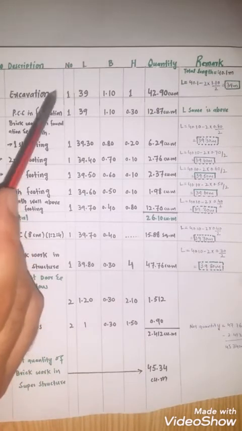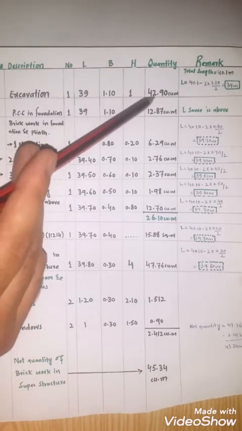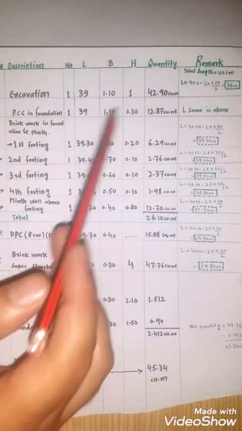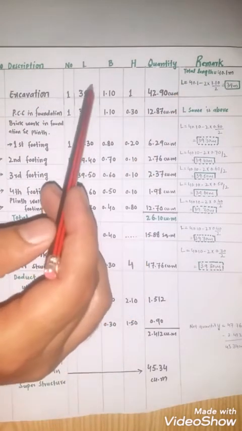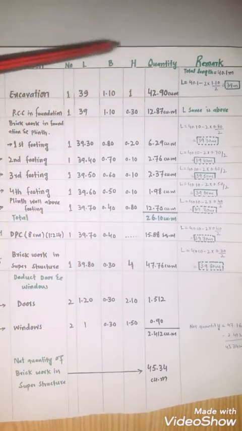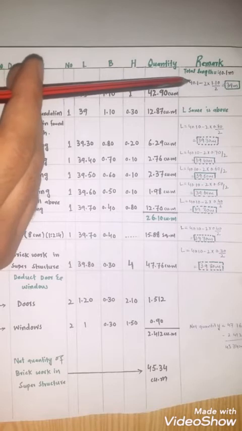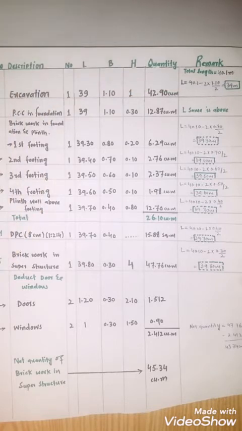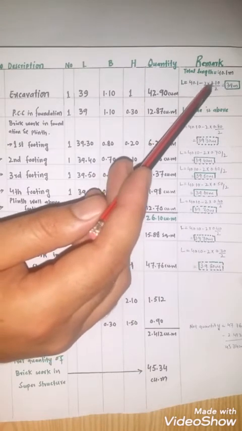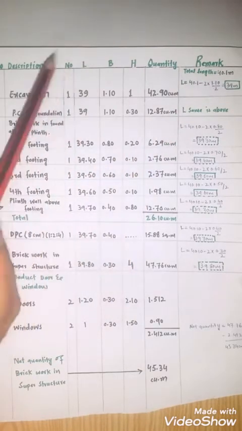Quantity of excavation is equal to 42.90 cubic meter. This is the explanation for this length. The total length of wall is equal to 40.1 minus 2 multiplied by 1.10 divided by 2.